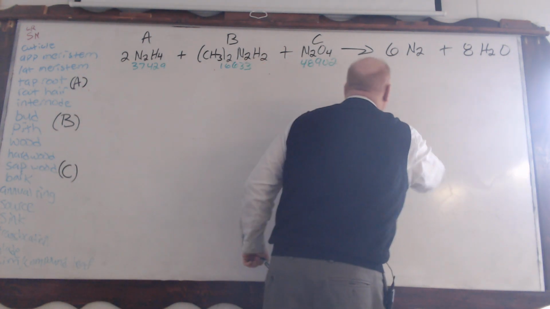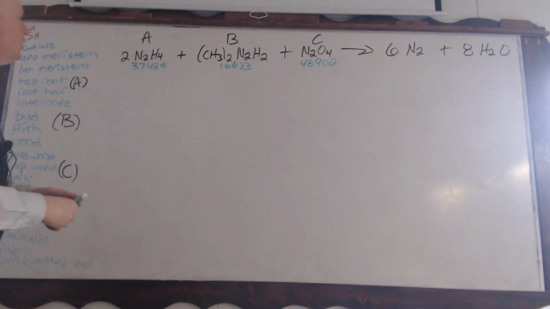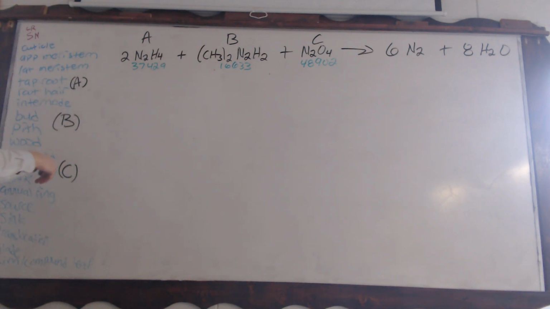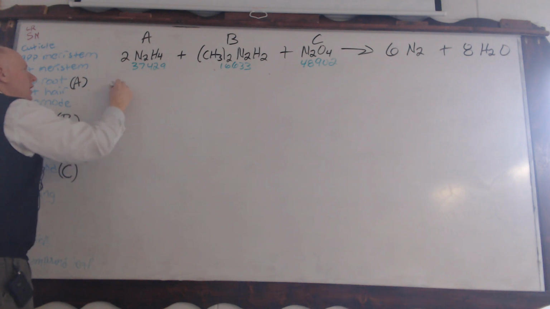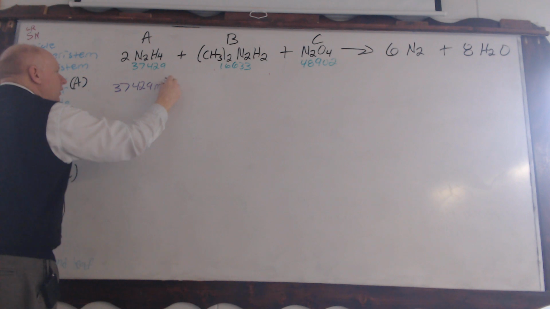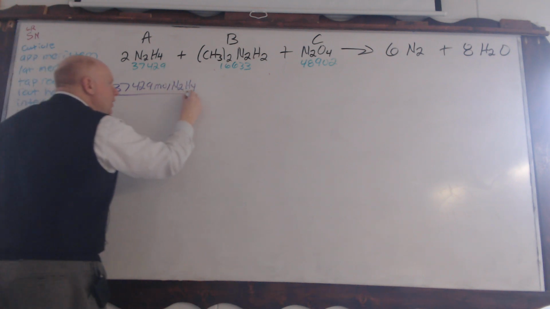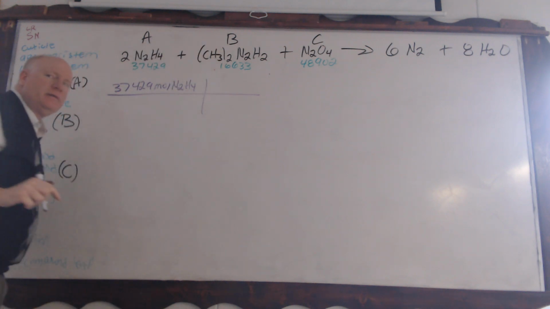Okay, so we're going to go from A to B to see how much of that is required. Okay? So we've got 37,429 mole of N2H4. Okay? So how do we convert moles of A to B here?